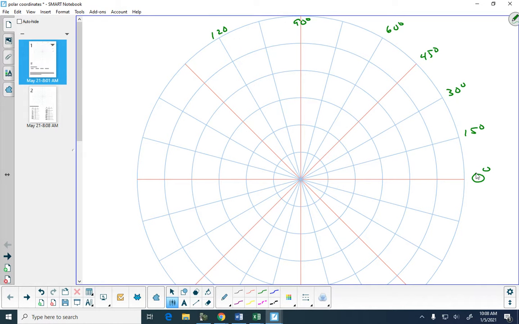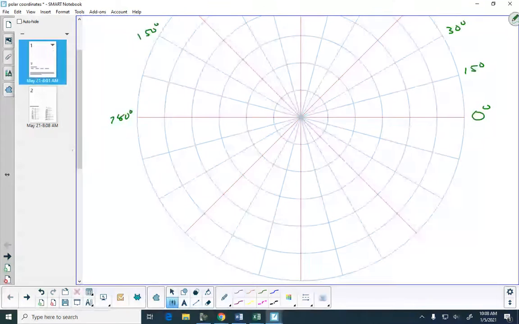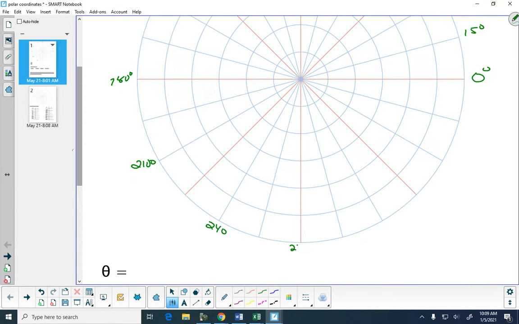We'll just count out by 30s now: 120, 150, and 180 degrees. This is very similar to our east reference rotation, what we've dealt with throughout. Then we have 210 degrees, 240, 270, 300, and then 330 degrees, and then we move back to 360 degrees here.